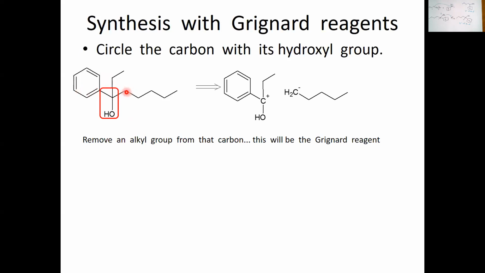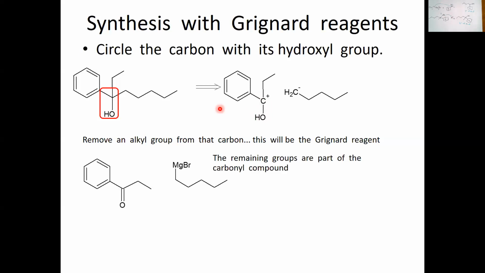What happened was this carbon is going to be the negatively charged carbon that did the attack of what used to be the carbonyl. So I'm telling you that molecule had come from a 5-carbon Grignard molecule, and then that carbonyl compound on the left.